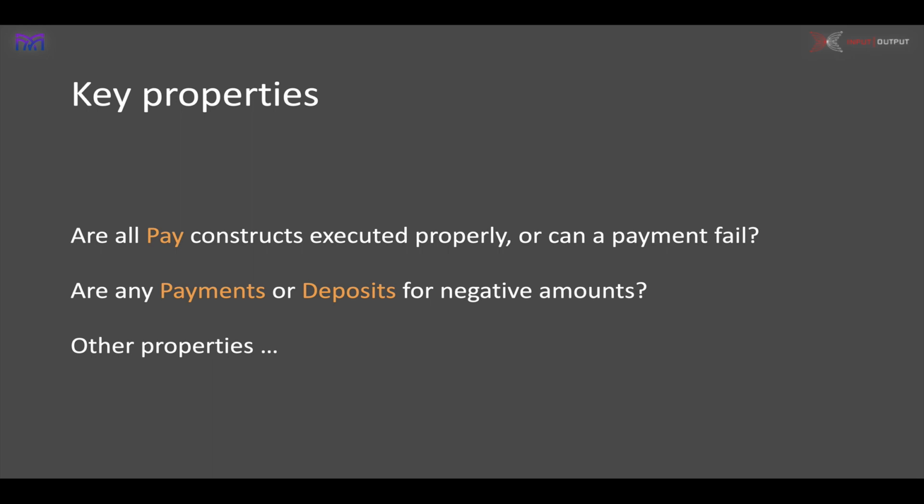And other properties, perhaps specific to a contract, we could imagine. Does it always result in more money being paid to person one than person two, for example? Anything that we can state about the form that payments take, for example, should in principle be checkable.